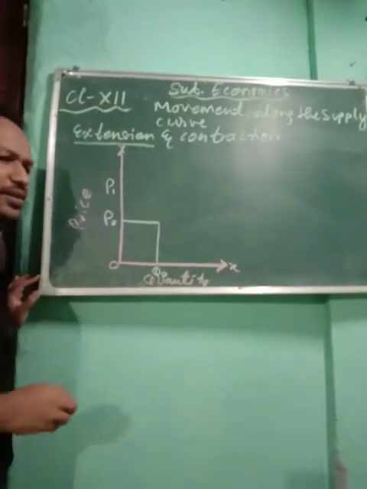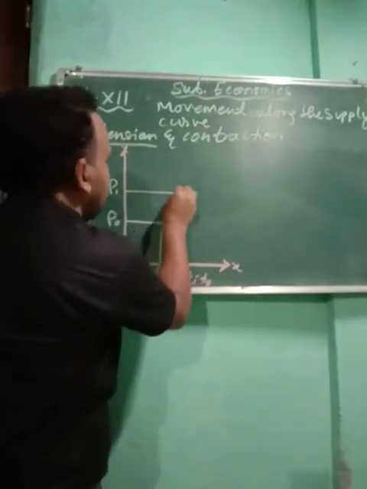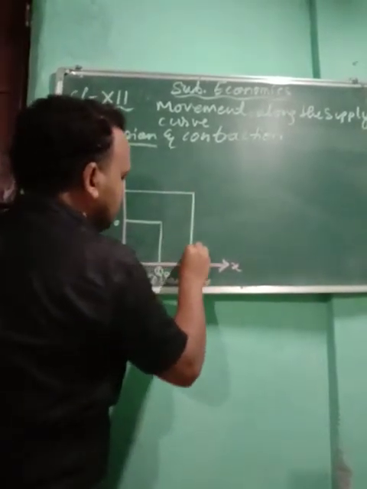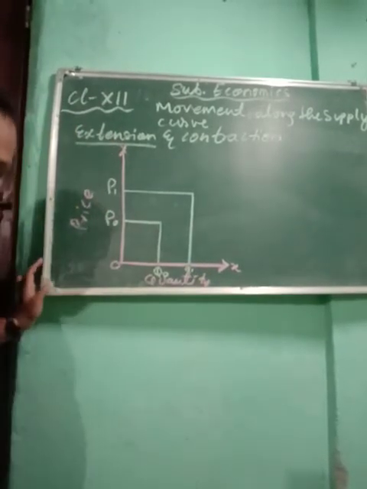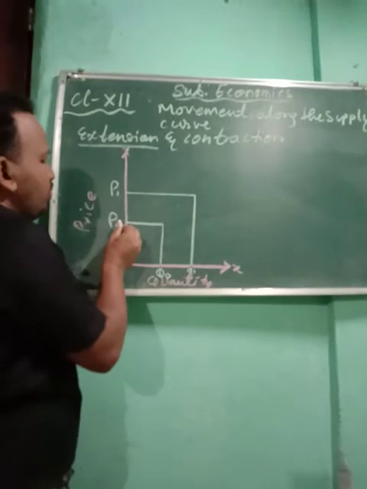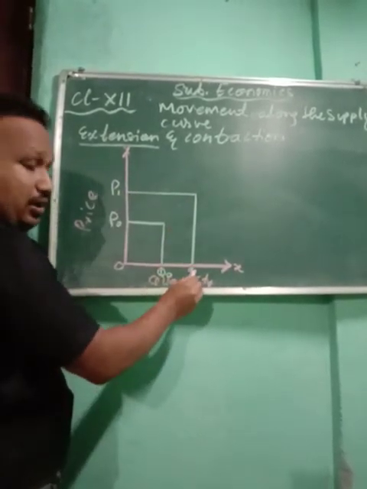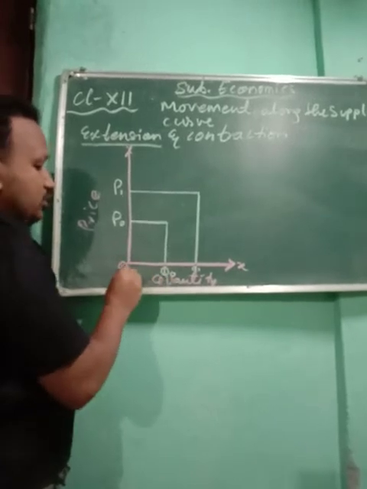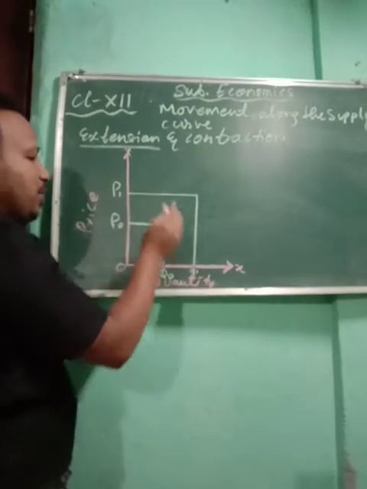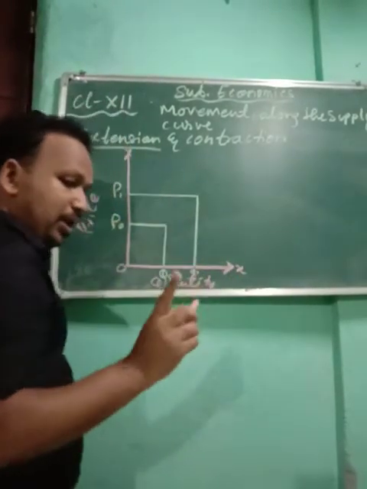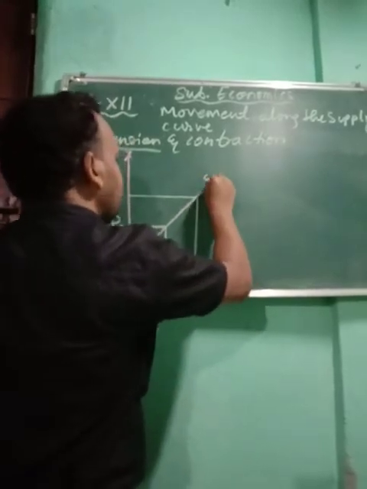When price increases, as per the law of supply, supply also tends to increase. When price is low, supply is low. When price increases, supply also increases from OQ0 to OQ1. So price increases, supply also increases. It is a supply curve, so it will be an upward sloping curve. It is supply curve S.